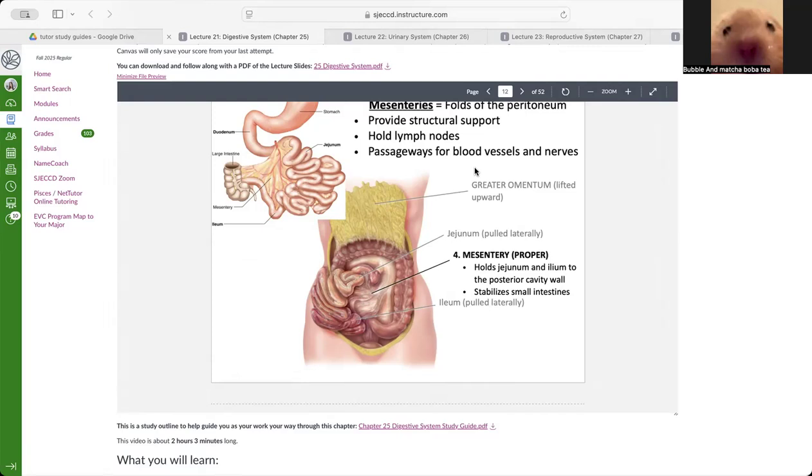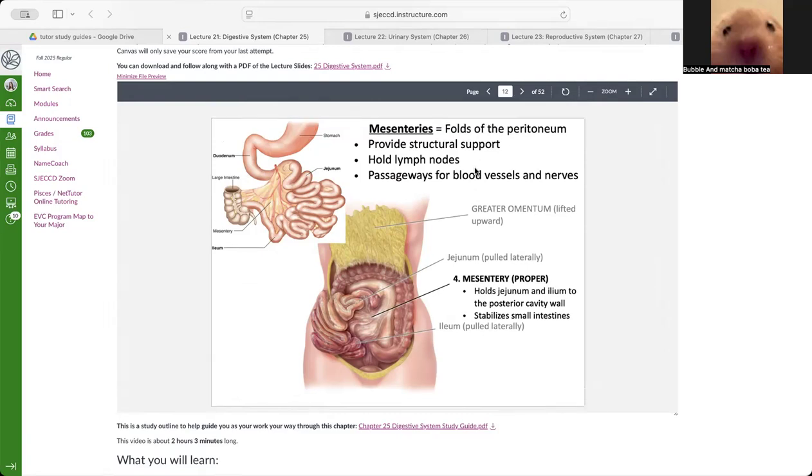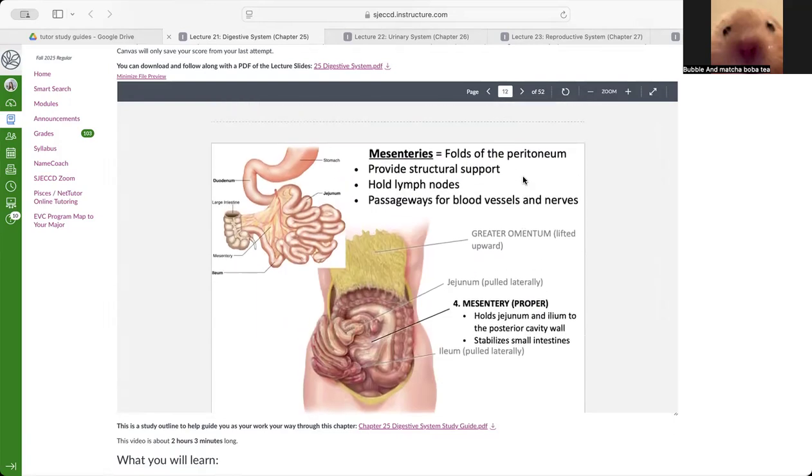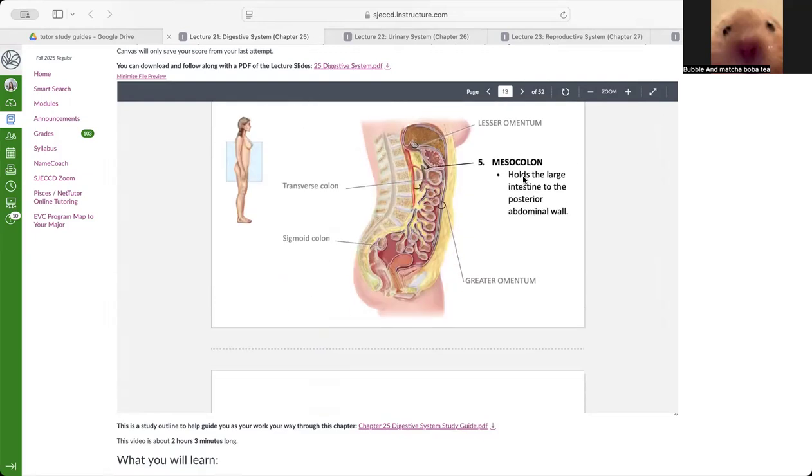So the mesentery proper is the mesh holding the small intestine. That's how you can remember. Small intestines, duodenum, and ileum. Because the duodenum is already with the lesser omentum, right? So mesentery as in mesh, and mesh holds the small intestines of the duodenum and ileum.